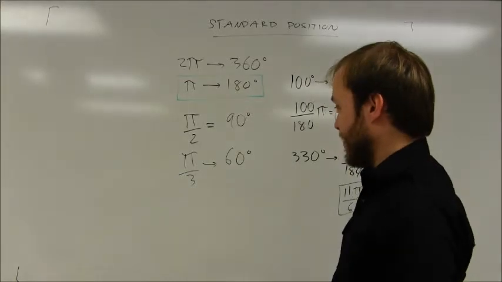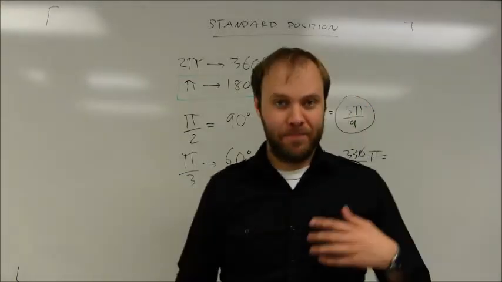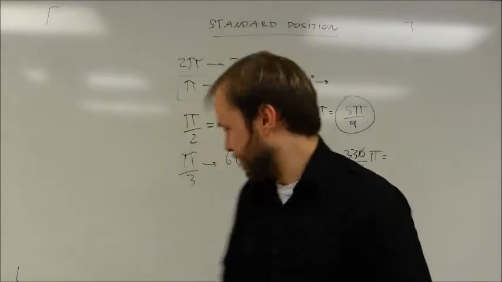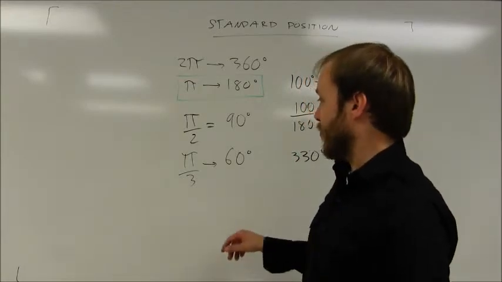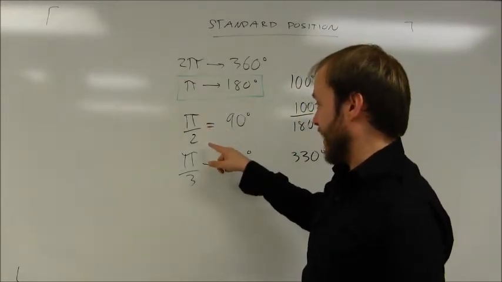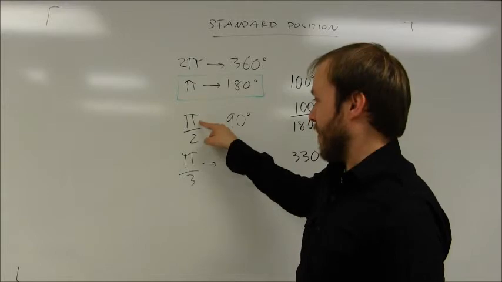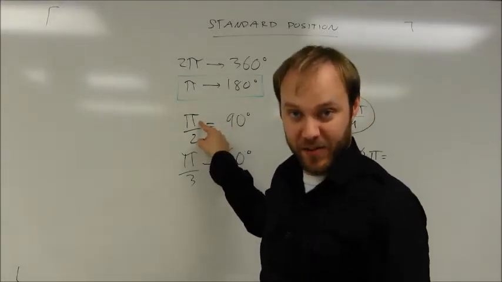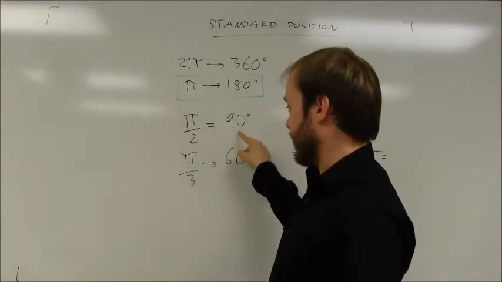Now, you may have noticed a couple things here. When I went through the process here, really what I was doing was dividing by pi. The pi gets canceled, and then I was multiplying by 180.